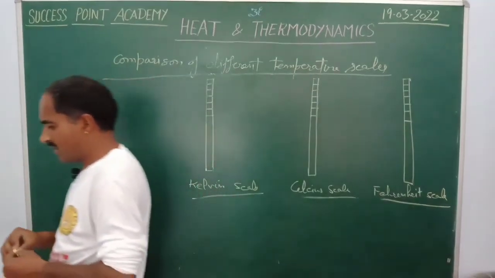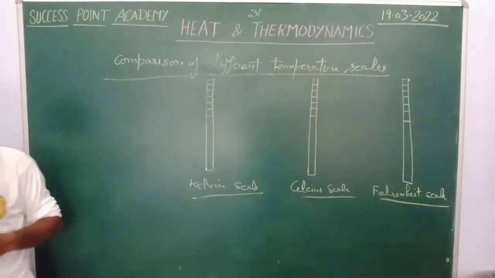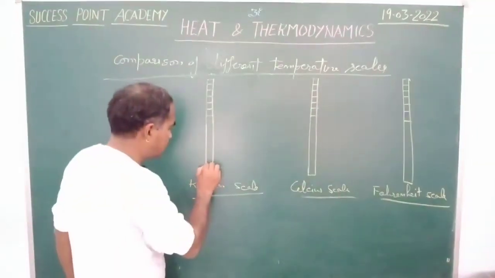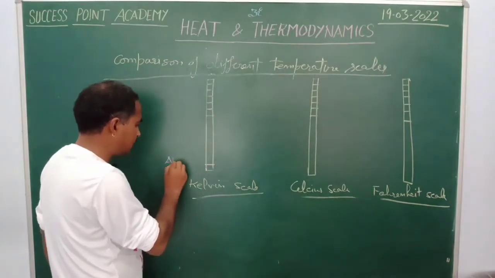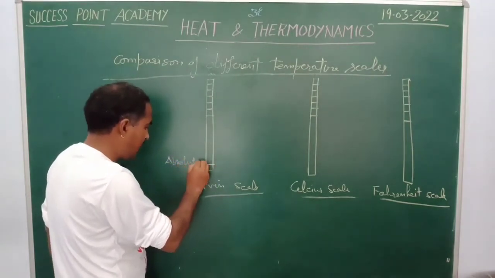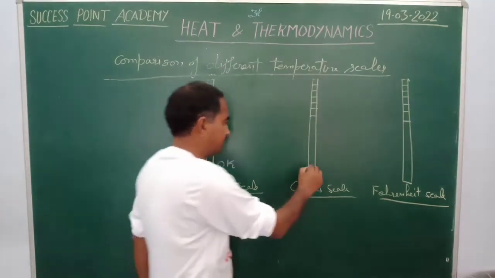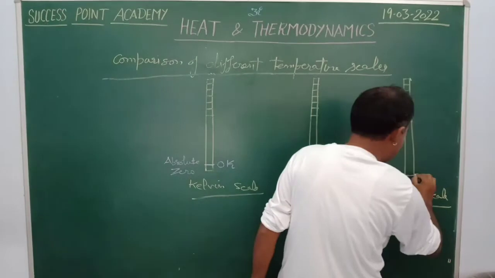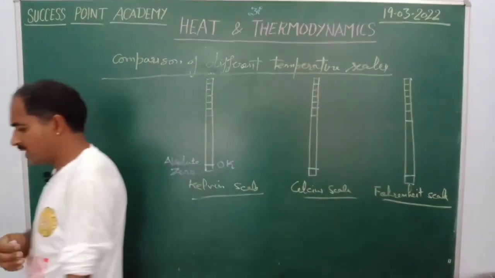So here we draw different things. Suppose this is the absolute zero on the Kelvin scale. Absolute zero, that is 0 Kelvin. Now we will also compare here.